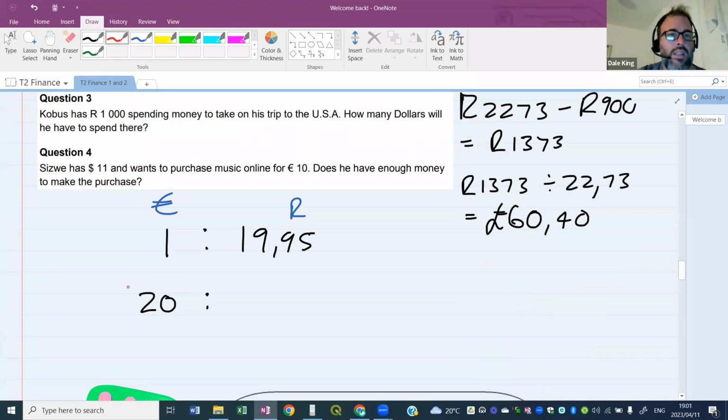And the math that we did there to get it from a 1 to a 20, we had to times by 20, right? Yes. 1 times 20 is 20. So on the right-hand side, we must do the same thing. So the math you have to do is 19.95 times 20, which is 399. That's it. Okay. Thank you, sir. Okay, pleasure, no problem.